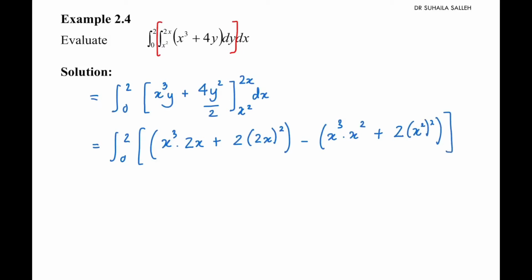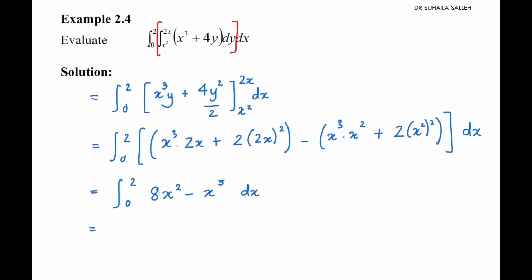The outer limit and integral of x must be written again, between 0 to 2. Simplifying that, I will have 8x squared, take away x to the power 5, dx.